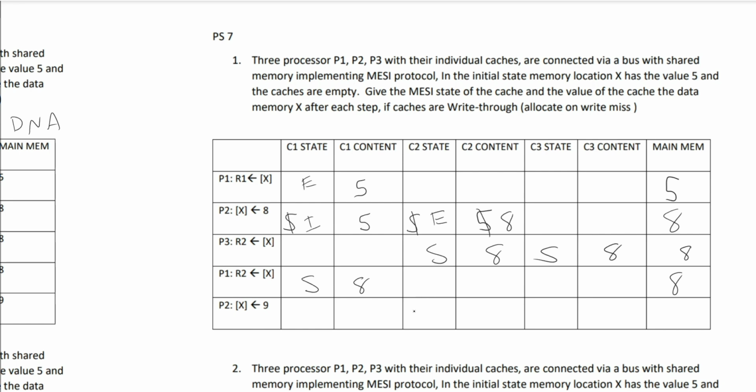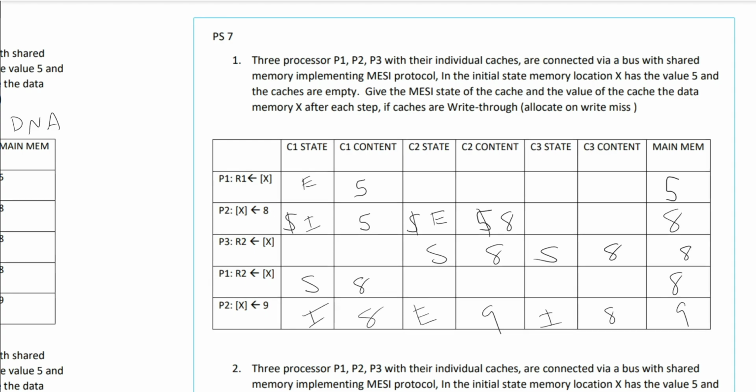It'll update it, but then it has to send the invalidation bit for this, right? So this goes from S to I with an 8, I think. And then this will become exclusive with a 9. So you have to update the cache and update the memory.